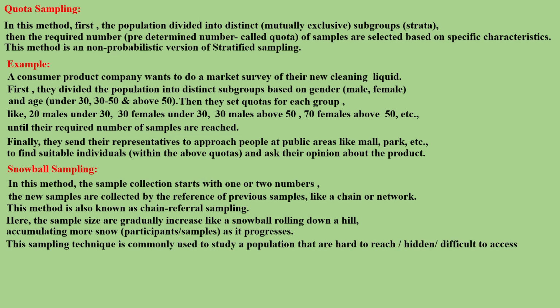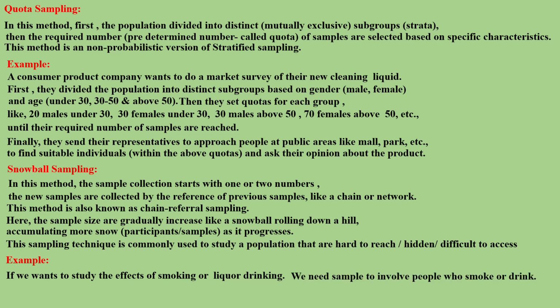This sampling technique is commonly used to study a population that is hard to reach, hidden, or difficult to access. Example, if you want to study the effect of smoking or liquor drinking, we need samples involving people who smoke or drink.